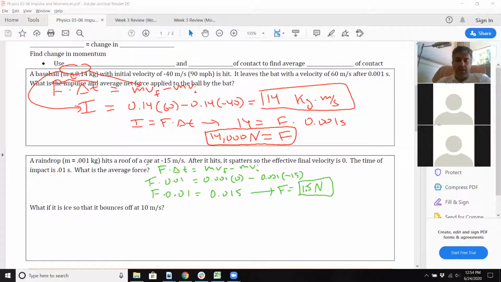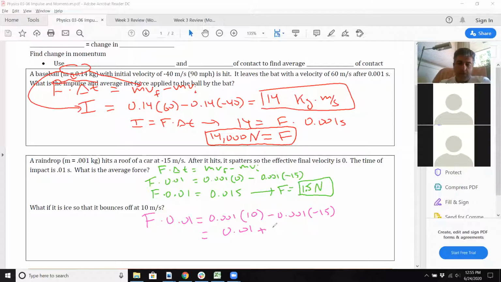Okay, so now we just do this one more time. Force times 0.01 equals your mass, which is 0.001, times 10 now, because it bounces off, minus 0.001 times negative 15. If you work that out correctly, you should have 0.01 minus, or becomes positive, 0.015.